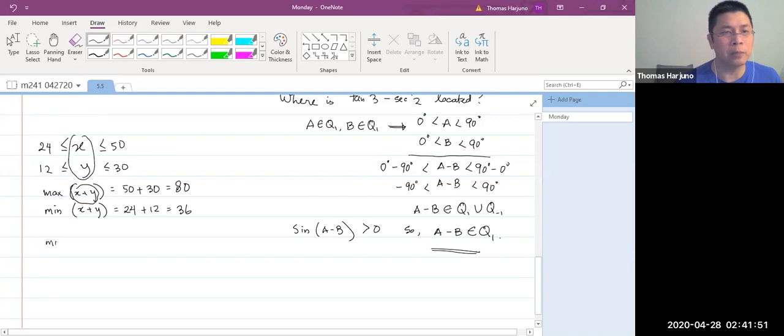Okay, now how about the maximum for the difference, x minus y? Now to maximize this difference, you maximize the x, which is 50, and you minimize what you subtract.